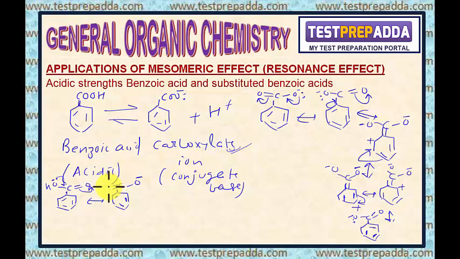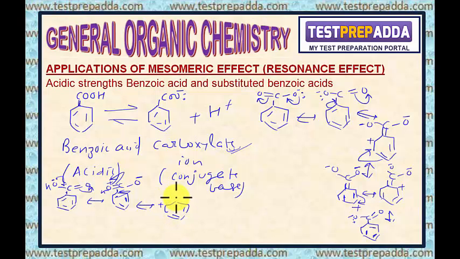Minus here, double O will get plus. Now next resonating structure I can write. Now double, single, double bond in conjugation. That is why resonance. So this bond will be broken. The electron will shift in this manner. And that is why resonating structure.